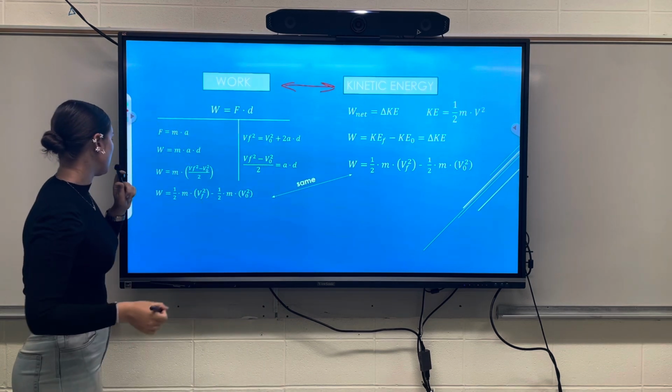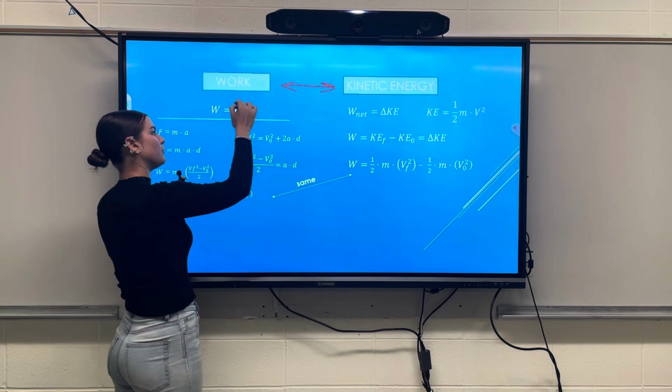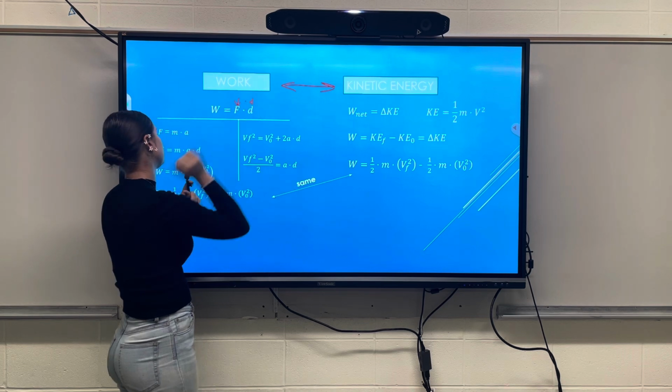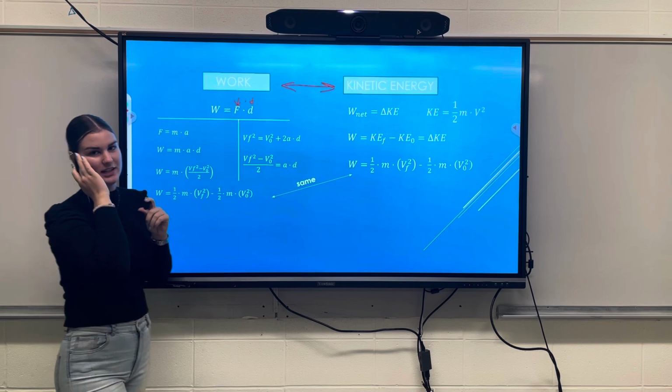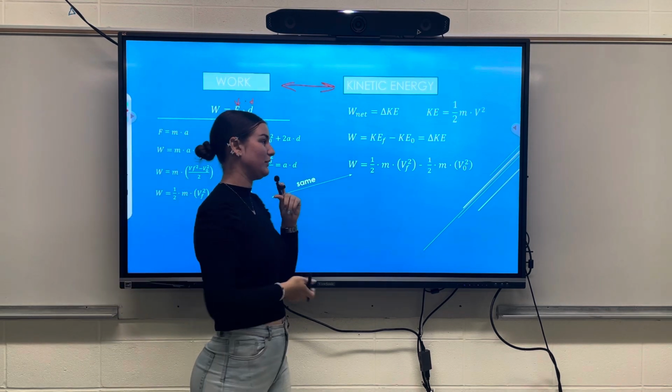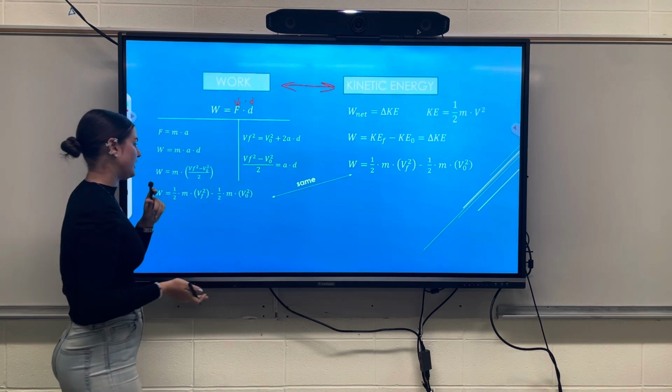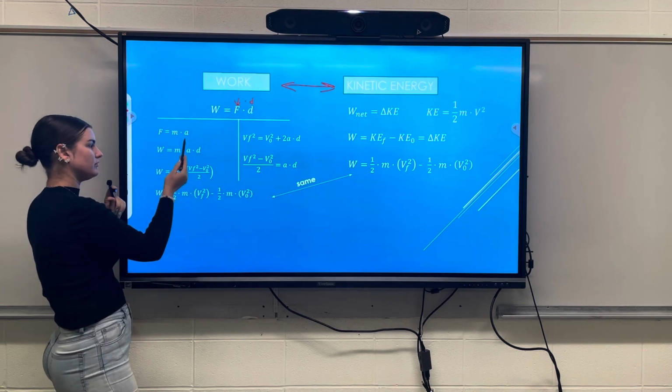Okay, so we know that work equals the force times distance, and we know the force is directly proportional to the mass and acceleration. So we can see that here.